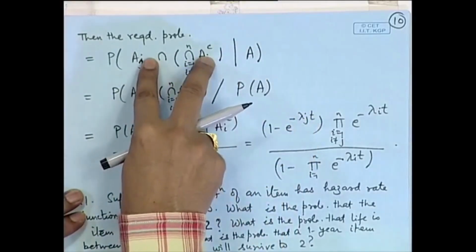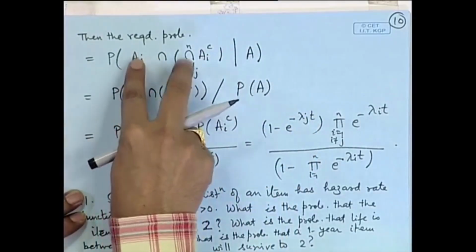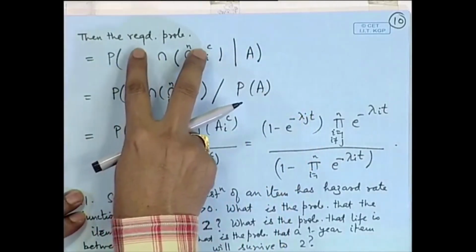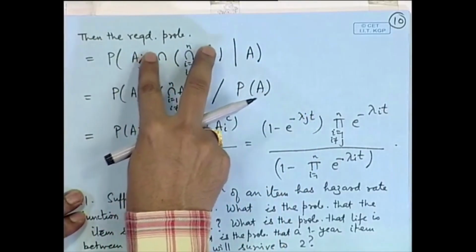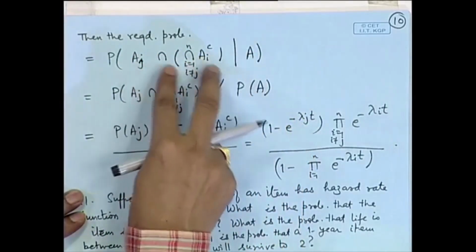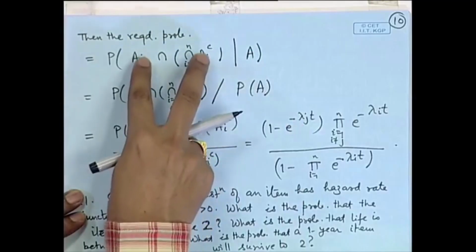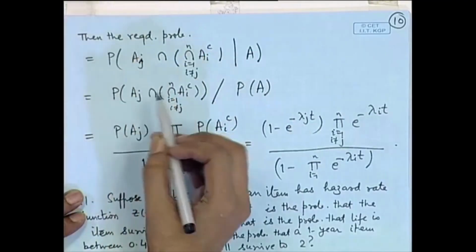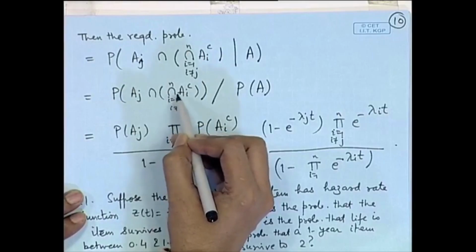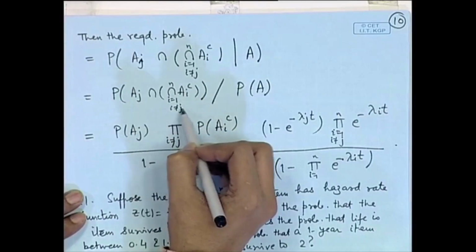Since it is a series system, one component failing necessarily implies that the system has failed. So, this event is a subset of the event A. Therefore, the intersection gives only the event described here, that is A_j intersection with the intersection of A_i complement, where i is not equal to j.